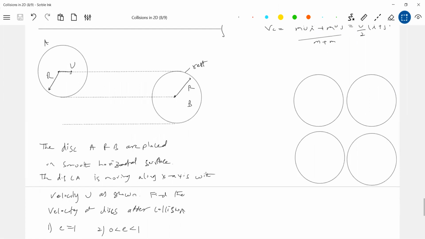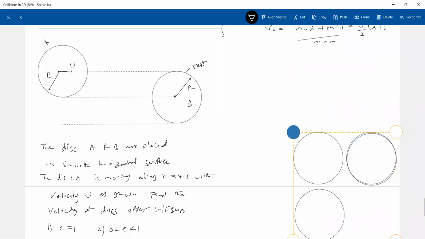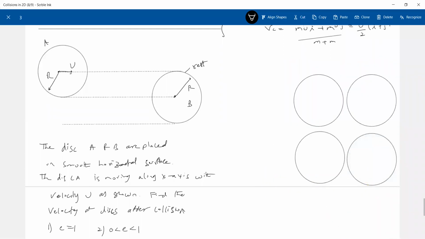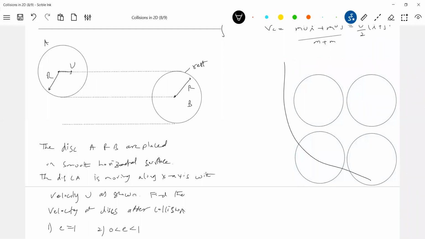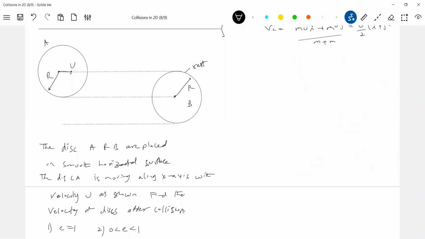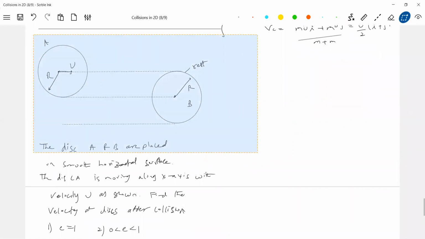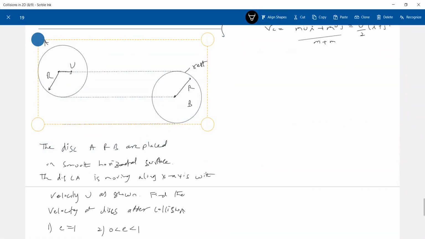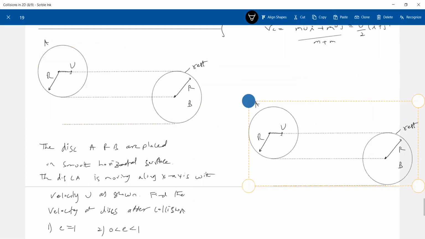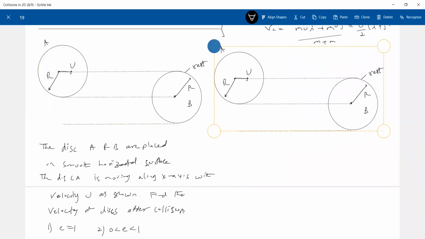I'll adjust the diagram, it's not responding. Let's come to this one. This, during impact, is what I should have on the diagram. So I'll bring it like this here.